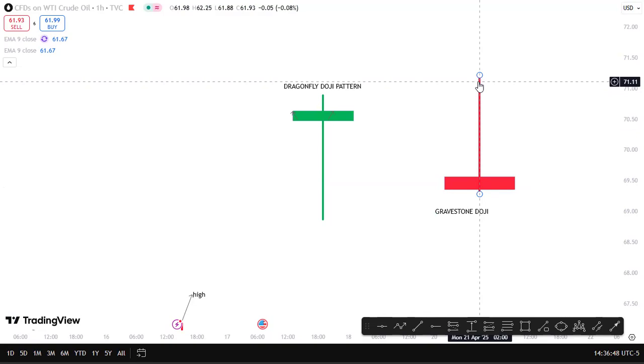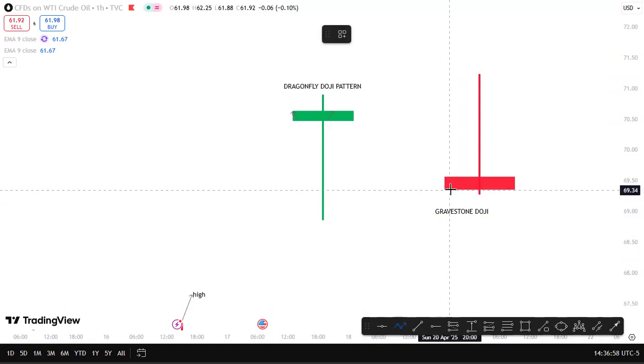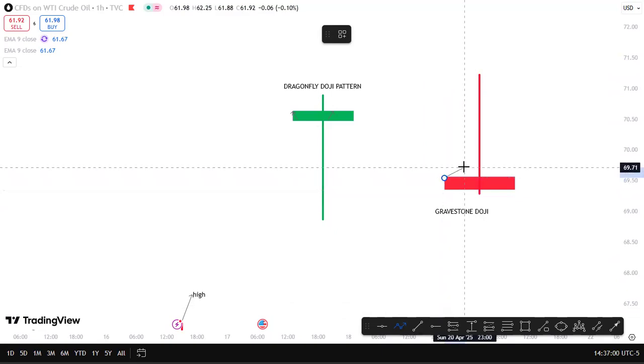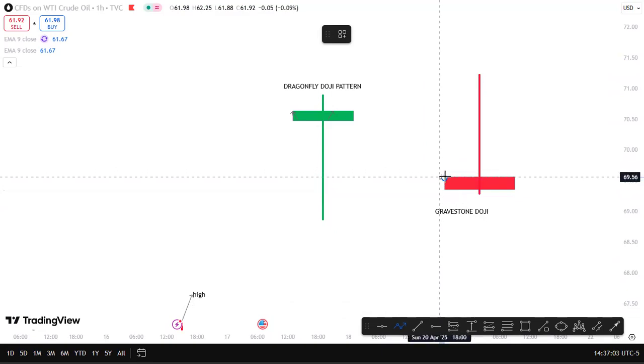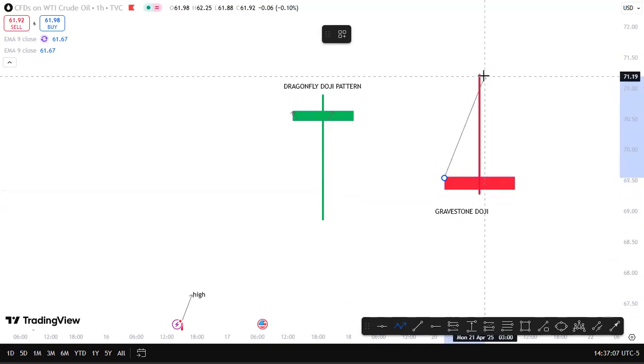So this was the open, and then at some point buyers stepped into the market and pushed the price all the way to this top here. This is the highest point the price went to, and then sellers stepped into the market. There was a lot of selling pressure, because when this Gravestone Doji happens at the top of an uptrend, it signifies there's a lot of selling pressure and a possible reversal that might happen in the market.